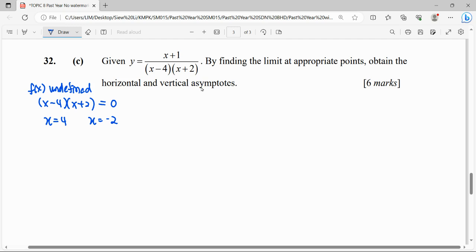So we're going to calculate the limit as x approaches 4 from the left-hand side and the limit as x approaches 4 from the right-hand side to prove that we have a vertical asymptote at x equals 4.